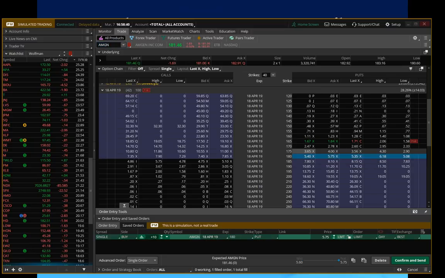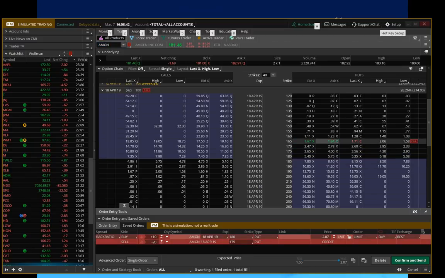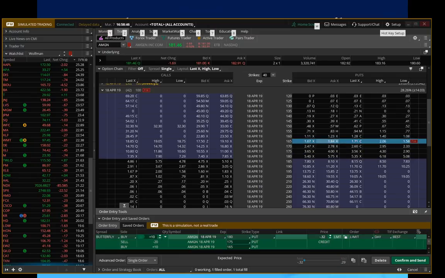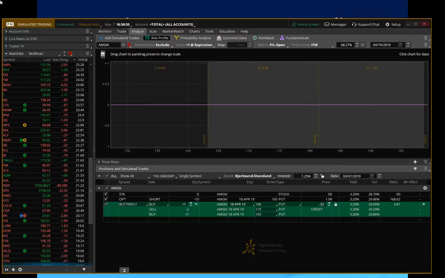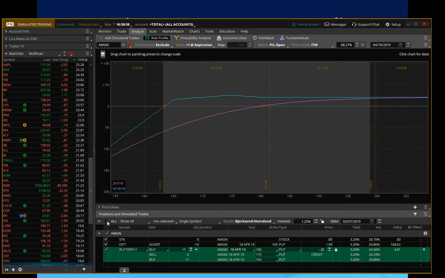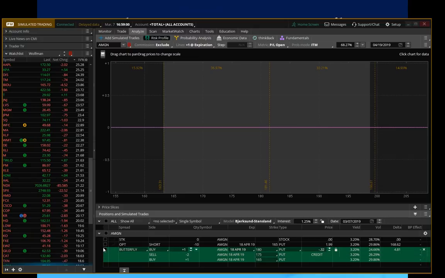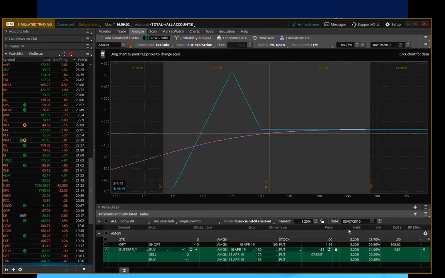We're going to buy the 80s, sell 2 of the 75s, and then buy the 65s. Hopefully this doesn't get screwed up with my position that I have loaded in there already. So we're getting a 30-cent credit. Let's analyze the trade, take off this part of that trade. We just want the butterfly. So just the butterfly being shown here.